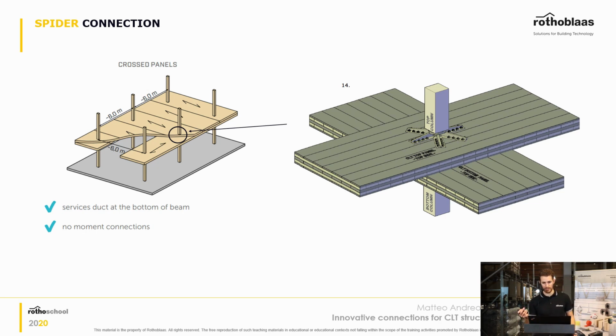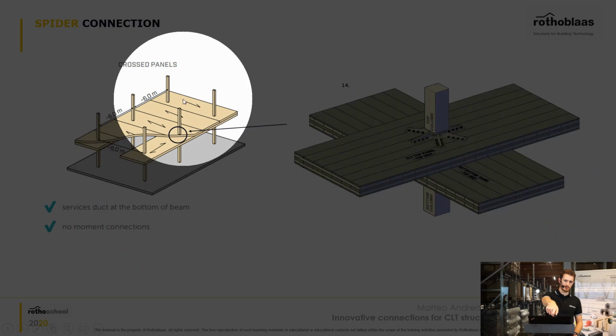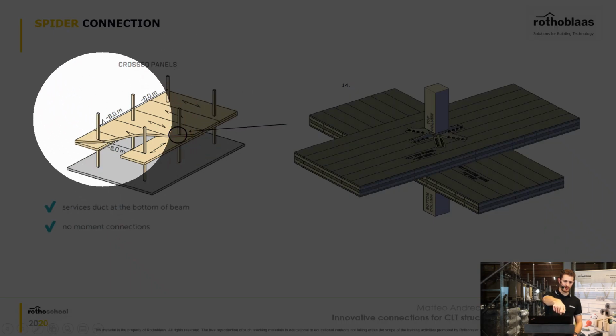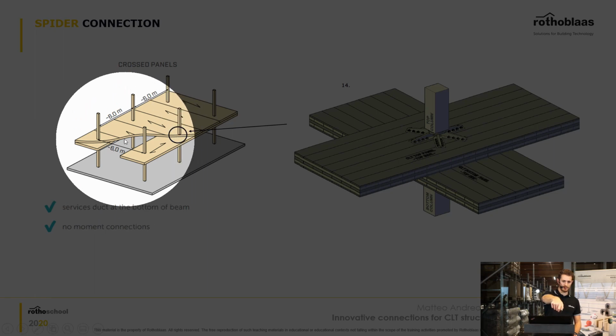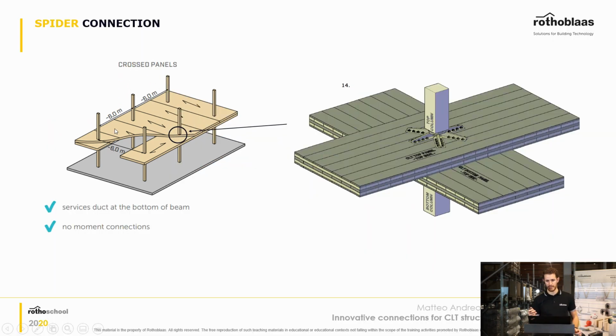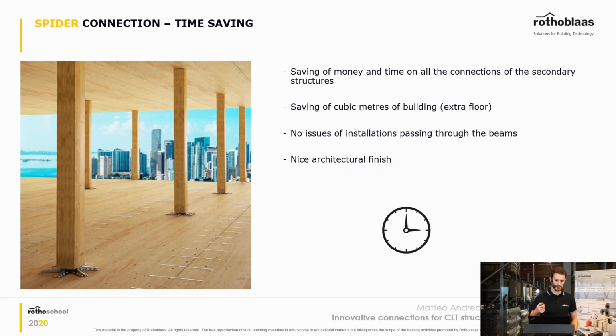Of course, Rothoblaas can give you help, the technical support for connections like those ones. But you can see like that with this method, you are able to achieve spans which are not as big as the one that we saw previously, but big enough actually to have the correct span of your buildings, of course.